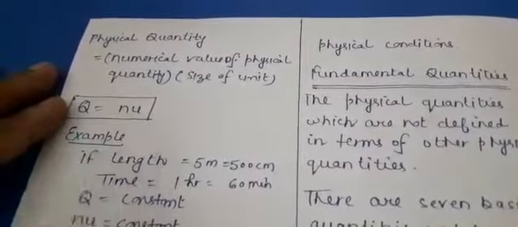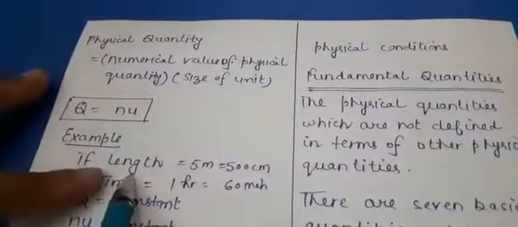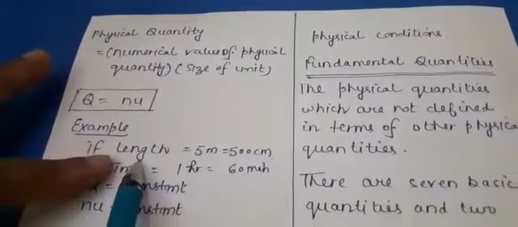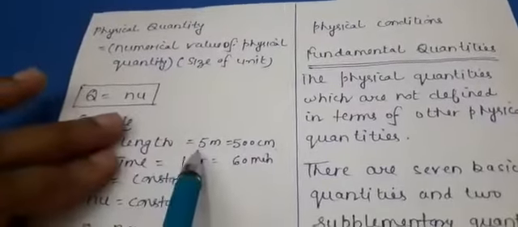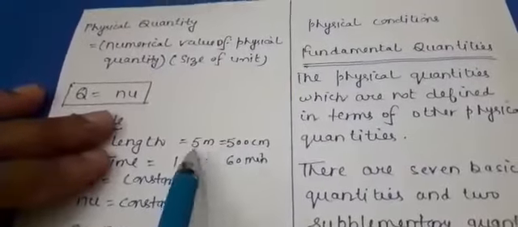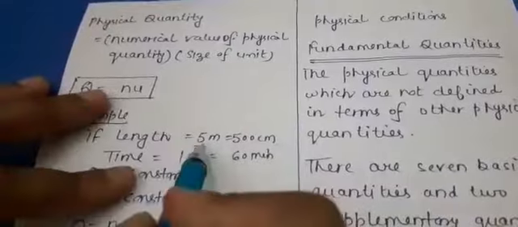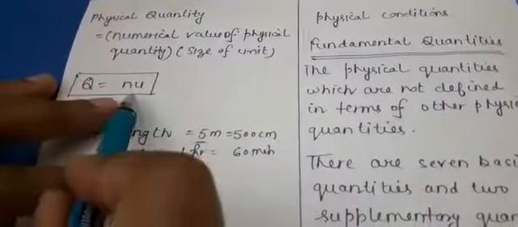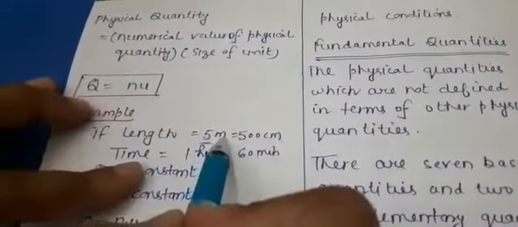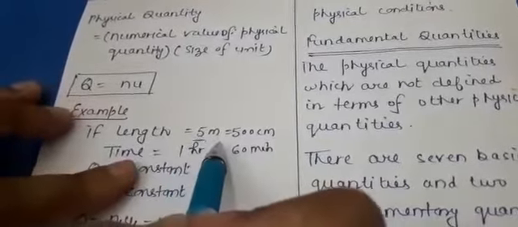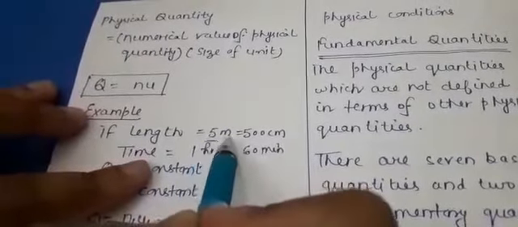Like, if the length of an object is taken as a physical quantity and it is 5 meter. If length is 5 meters, 5 here is the numerical value, that is N. M, meter, that is a unit.